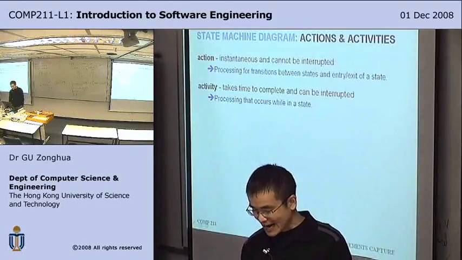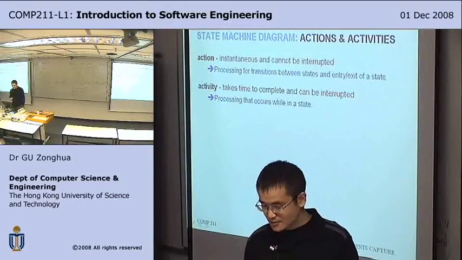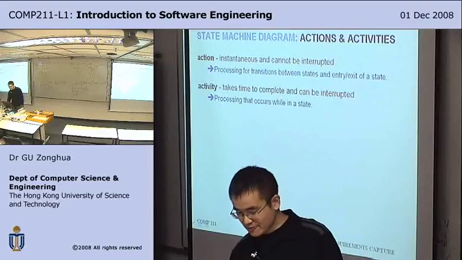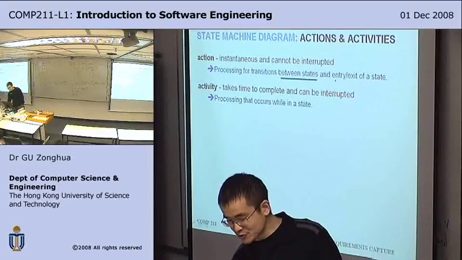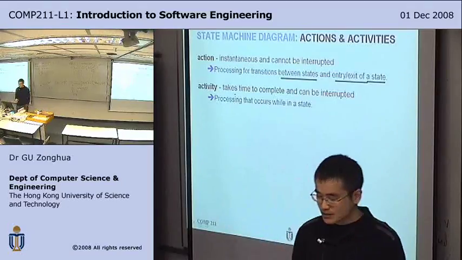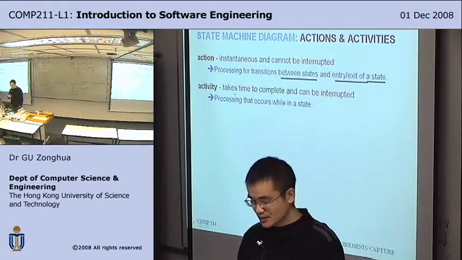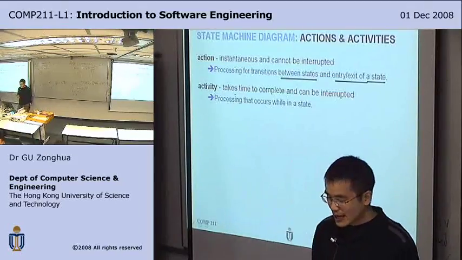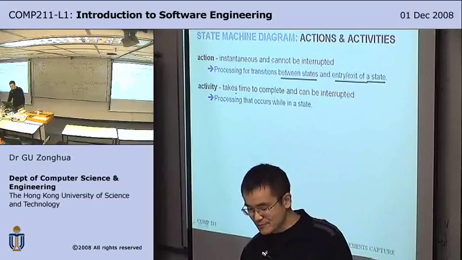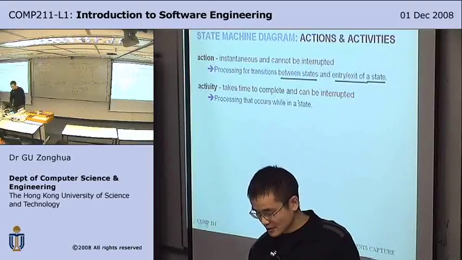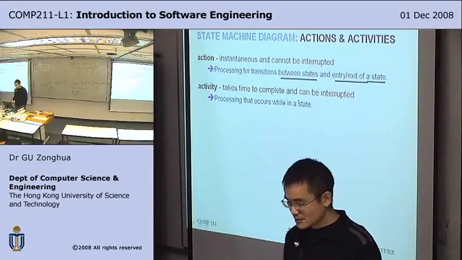So actions and activities. Action is processing for transitions between states and entry-exit of a state. Activity happens while the state is active, and it takes time and can be interrupted. Actions are atomic.